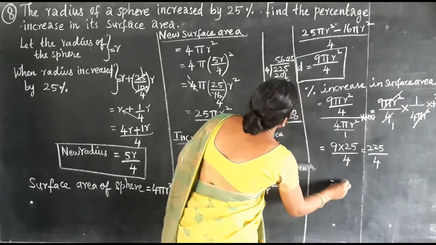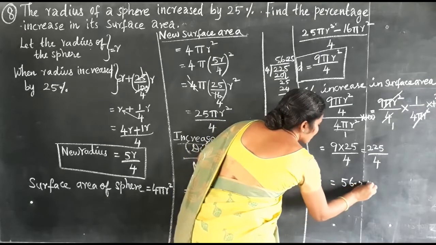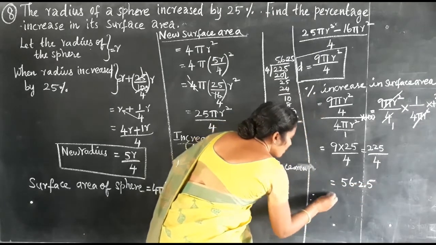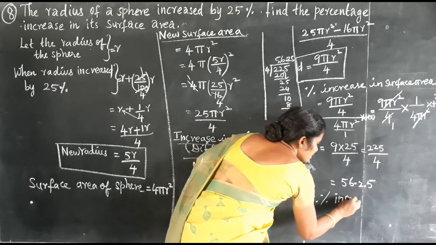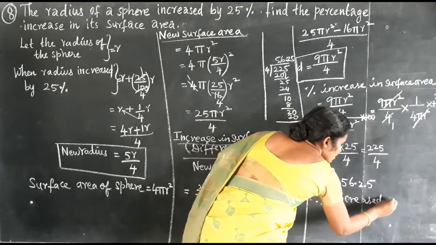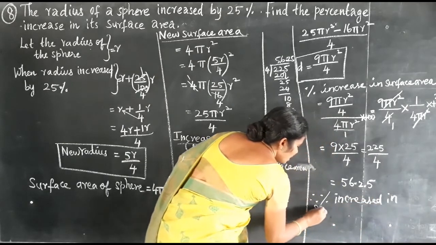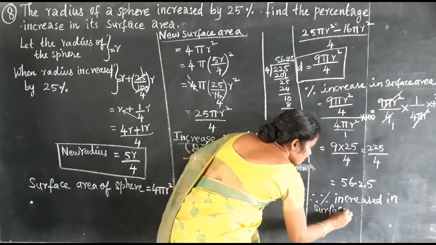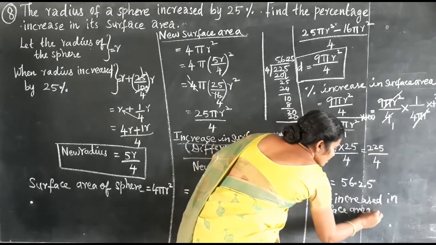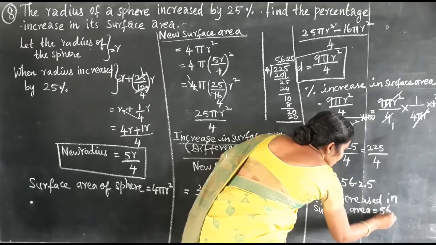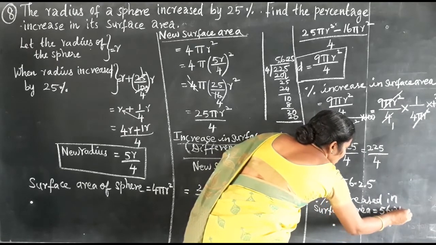Is equal to 56.25. So therefore, the percentage increase in surface area is equal to 56.25.